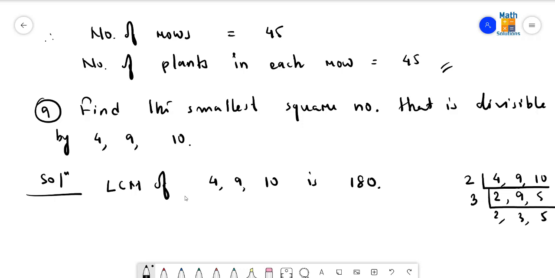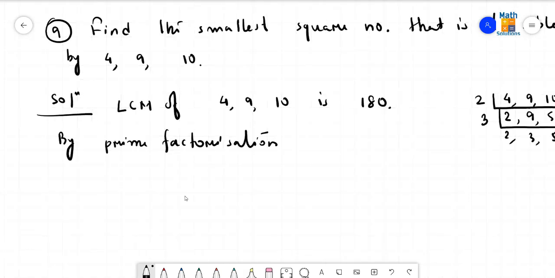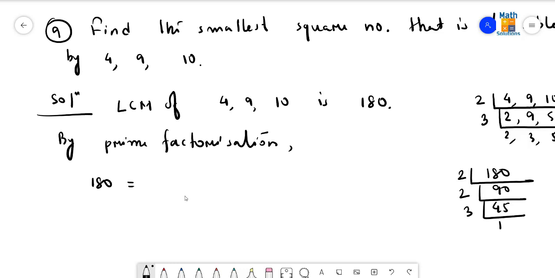Now by prime factorization, we get what? We get that 180 is equal to, by 2 it is 90, again by 2 I get here 45, again by 3 I get 15 here, again by 3 it is 5. So I get here 2 into 2 into 3 into 3 into 5.